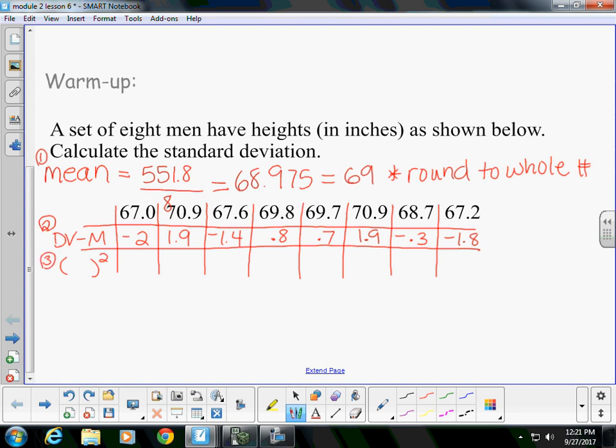Step 3 is to take all those answers and square them. Remember, negative numbers must be in parentheses. First answer I'm going to get is 4.